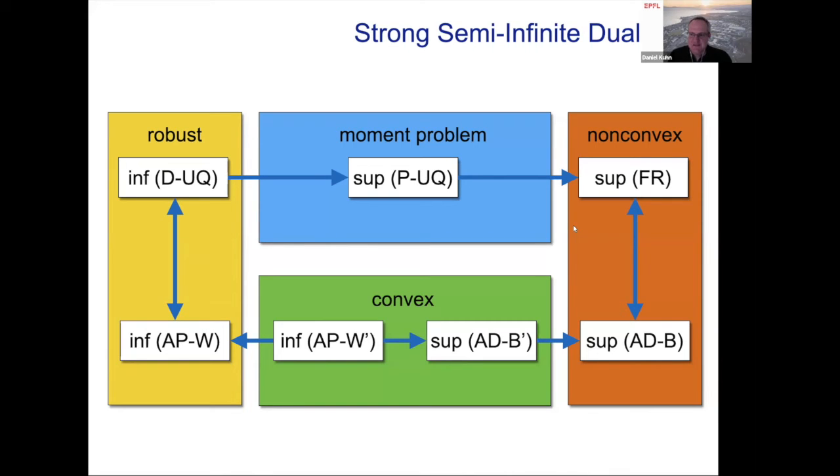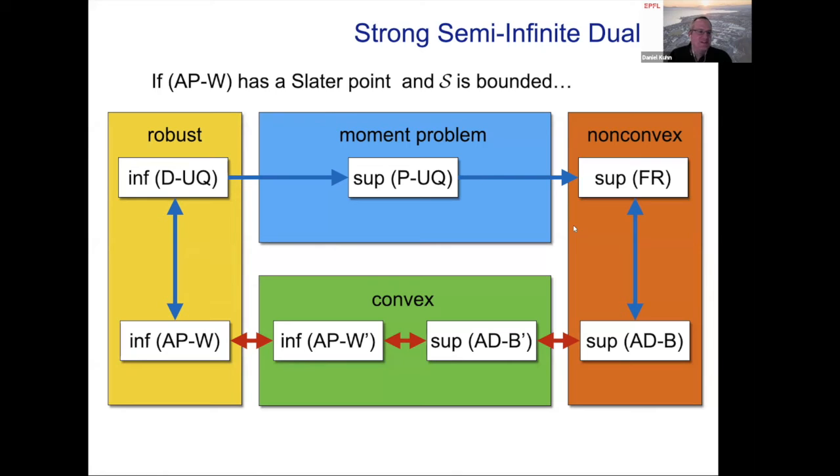However, both of these ambiguous problems can be reformulated as explicit convex optimization problems that lend themselves for efficient numerical solution. So we can prove that the four problems at the bottom all share the same optimal value, either if problem ADB has a Slater point, or if problem APW has a Slater point and the support set S is bounded.